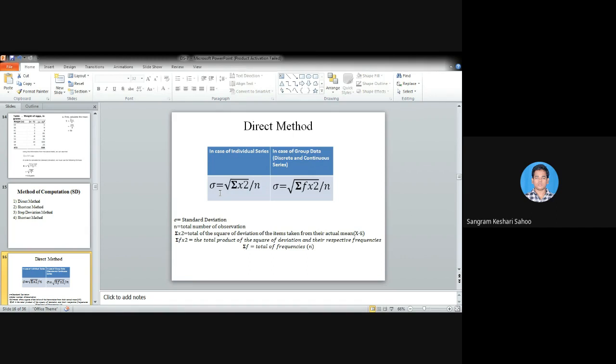Next, sum of fx square stands for the total of the products of frequency and the square of deviation. The last one is the summation of frequency, that is the total frequency or the number of observations. Note down this formula, then we will proceed to calculate all the examples.